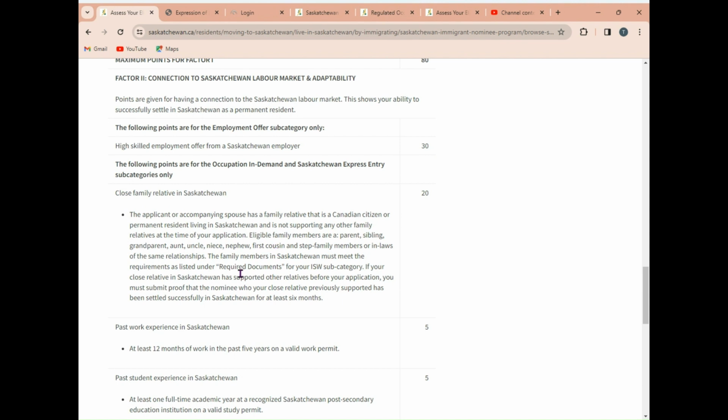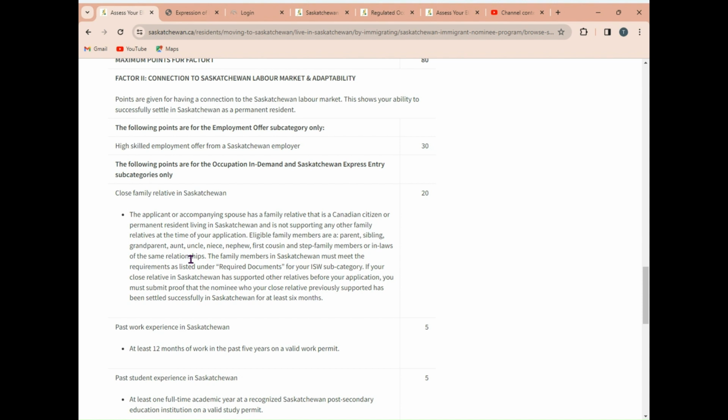Two conditions are very important, and you need to understand who the family relatives are: parent, sibling, grandparent, aunt, uncle, niece, nephew, first cousin, and step family members or in-laws of the same relationship. This is very generous, even step family members. So it's an expanded network. If you have any one of them currently in Saskatchewan, you may be able to get 20 points.